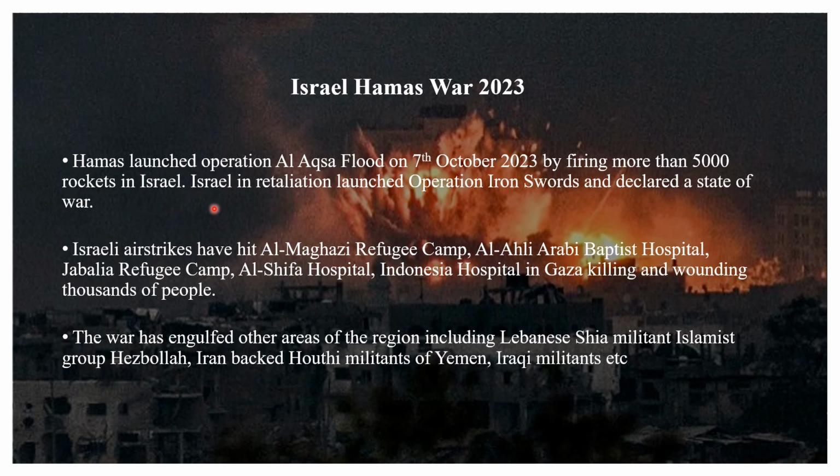Israel, in retaliation, launched Operation Swords of Iron and declared a state of war. Israeli airstrikes have hit many places including Al-Maghazi refugee camp, Al-Ahli Arabi Baptist Hospital, Jabalia refugee camp, Al-Shifa Hospital, Indonesian hospital in Gaza. It has killed and wounded thousands of people.